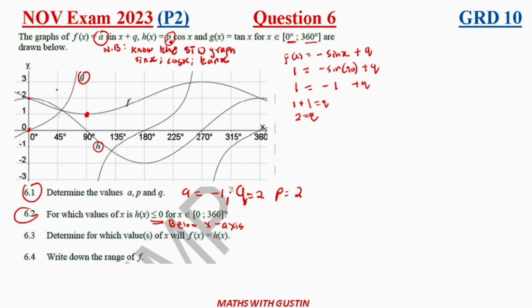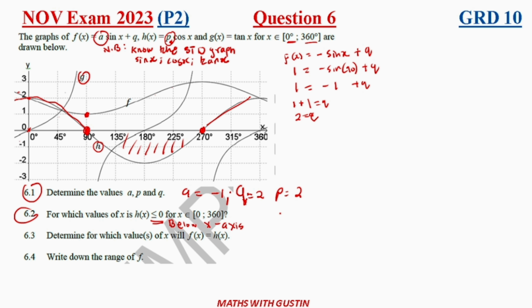All right, so if you look at the cos graph here, it starts here and goes all the way on this part where it's above, so immediately when it touches here it becomes below the x-axis, up until when? Up until 270 here, then from there it goes above. So it means we are looking for this region right here. Simple like that. If you understand what it means in terms of the language, it simply means where is the graph less than the x-axis, below the x-axis.